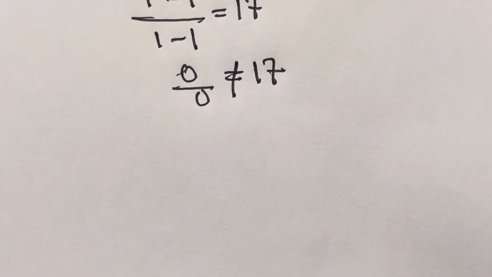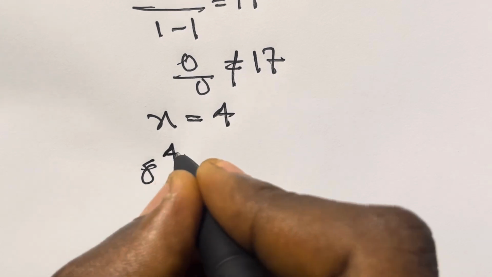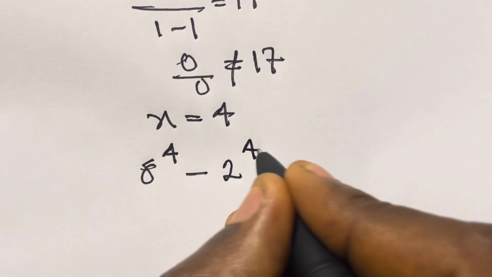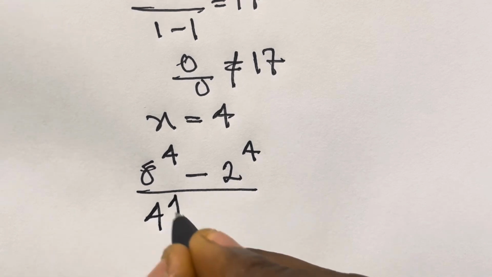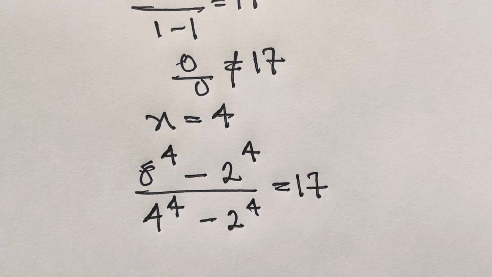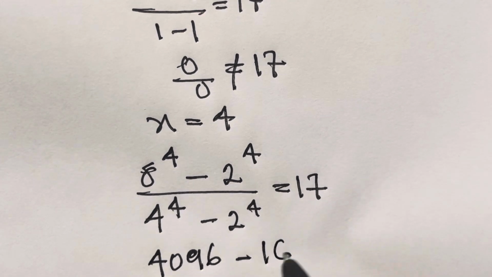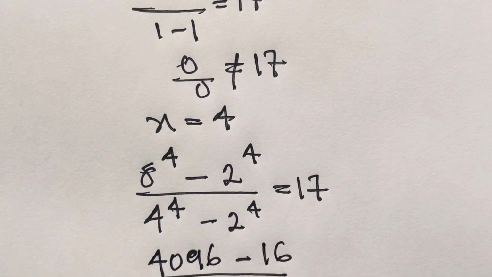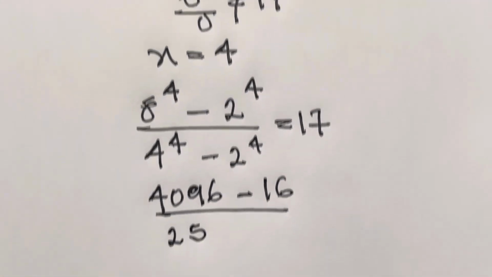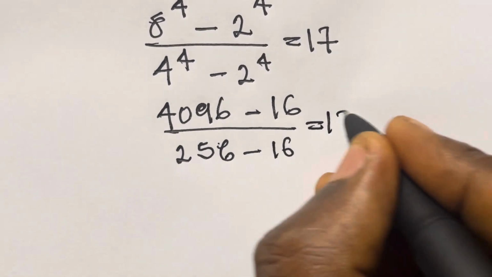But let's check for x equals 4. For x equals 4, we will have 8 raised to power 4 minus 2 raised to power 4 divided by 4 raised to power 4 minus 2 raised to power 4 is equal to 17. Here we have our 8 raised to power x. 8 raised to power 4 will give us 4096, minus 2 raised to power 4 will give us 16, divided by 4 raised to power 4 will give us 256, minus 2 raised to power 4 will give us 16, is equal to 17.